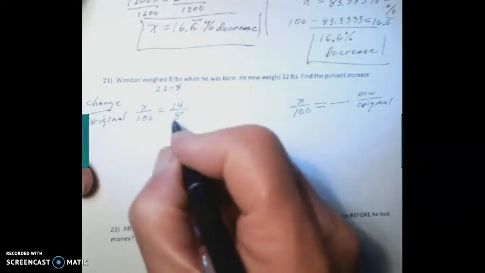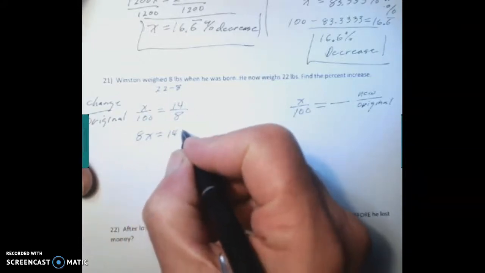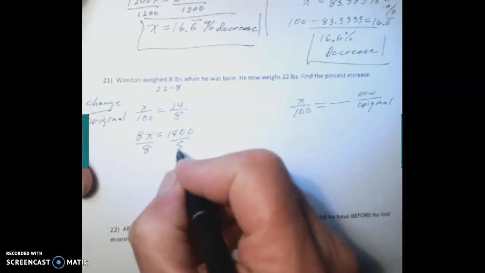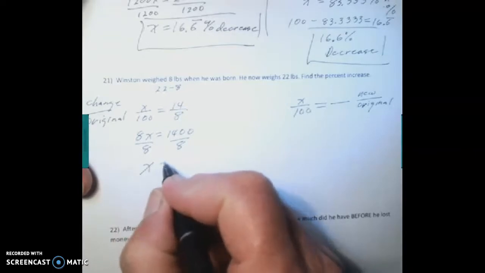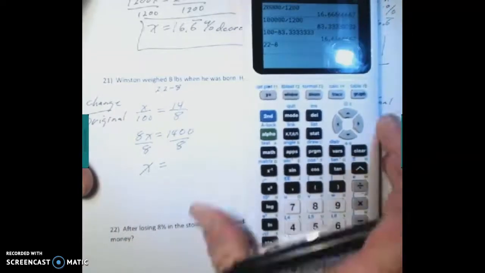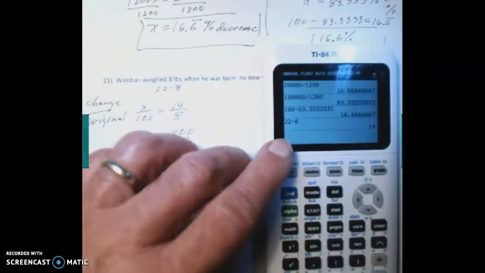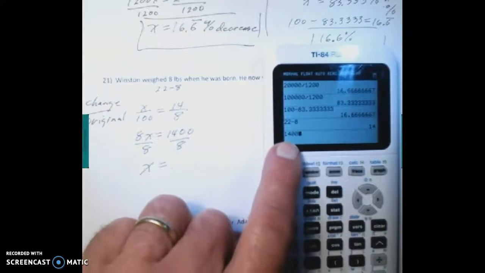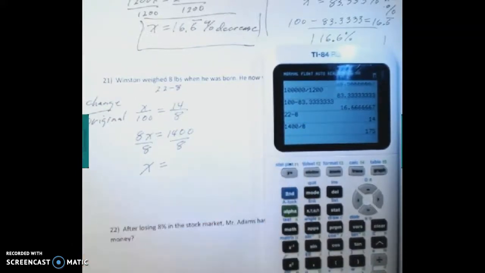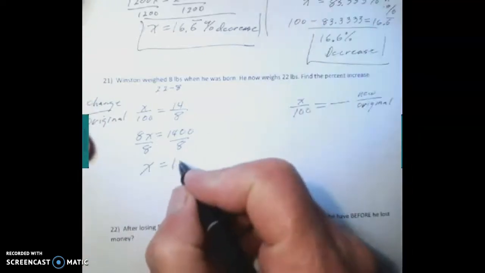Solve this proportion, cross multiply, you get 8x equals 1400. Divide by 8, and you're going to come up with 1400 divided by 8 equals 175.